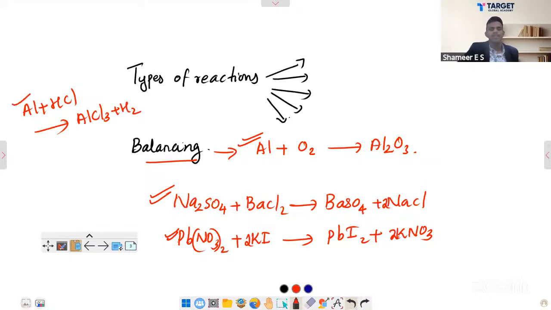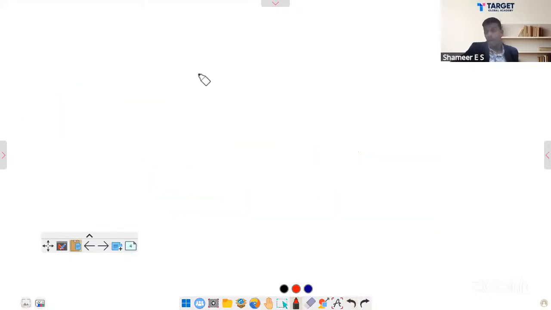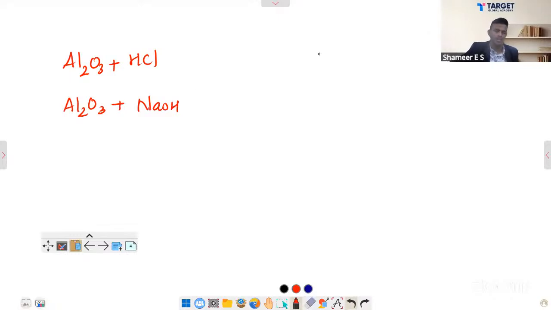And you can see the balancing of aluminium oxide: Al2O3 plus HCl, or they can use Al2O3 plus NaOH. Actually, we study this equation from the third chapter, but still this equation balancing will come for the first chapter.